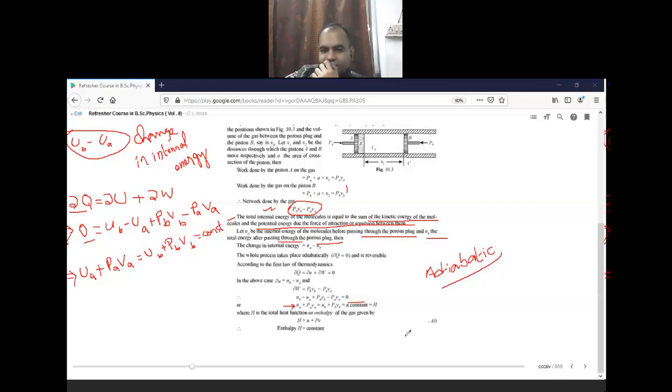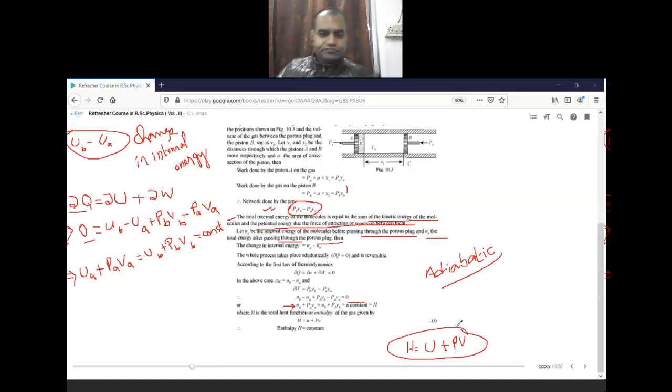So right now, do you remember the expression for enthalpy? Enthalpy is generally given by capital H, which is equal to U plus PV. U stands for internal energy, P stands for pressure, and V stands for volume.